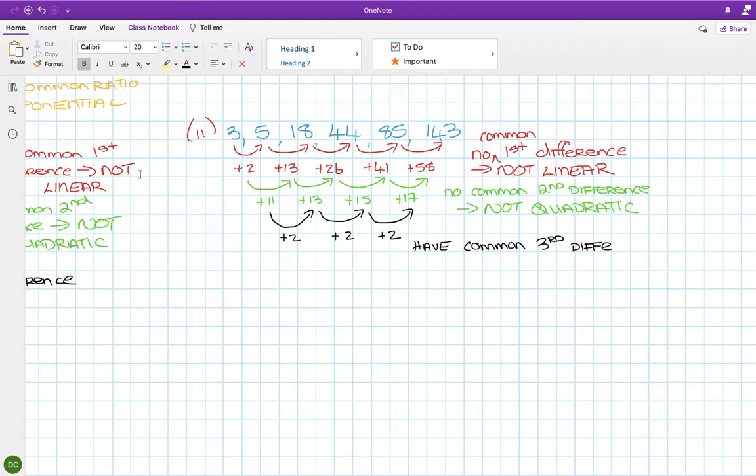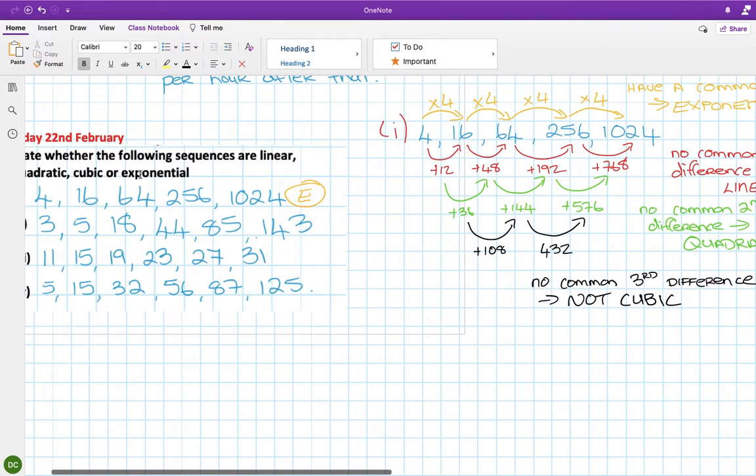So that means the sequence is cubic. So go back over here and just put a C beside that one. Okay, but again, I've proven it with my work. This is not just me putting E and C beside these. You must show your work.